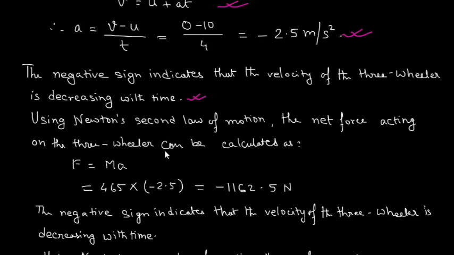Now, using Newton's second law of motion, the net force acting on the three-wheeler can be calculated as F is equal to ma. Put the value of mass and acceleration, we get 1162.5 Newton.